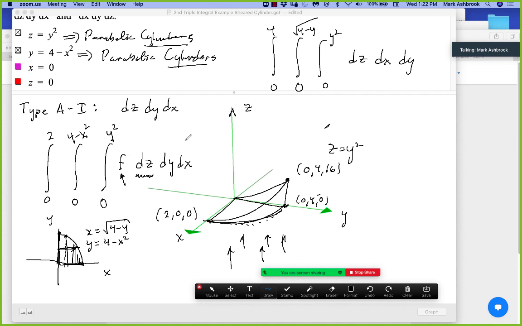It computes the difference of four-dimensional volumes, sometimes called hypervolumes. It's hard to illustrate because it's four-dimensional, and it would be the difference because this function could be negative sometimes and positive sometimes.